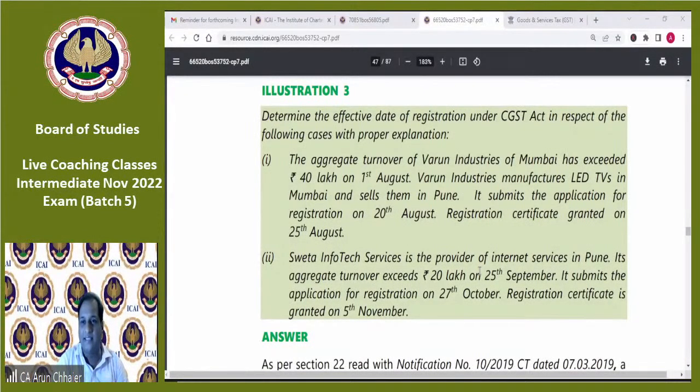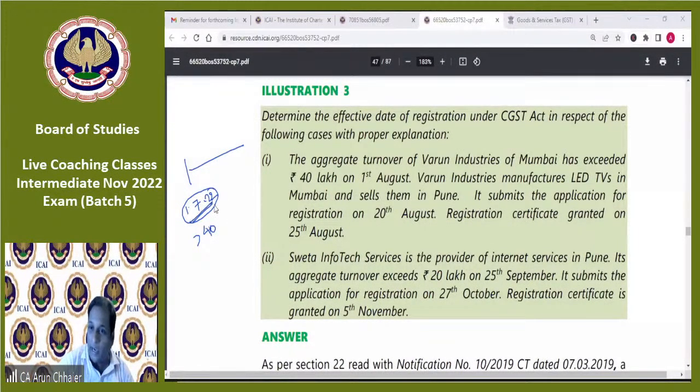Why another example? Now I have to give two dates. First, the date of the liability. Let's take 1st July. Suppose my turnover crossed the threshold limit on this date.